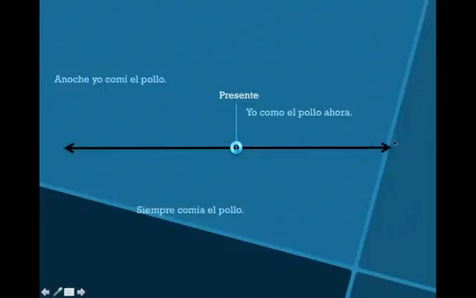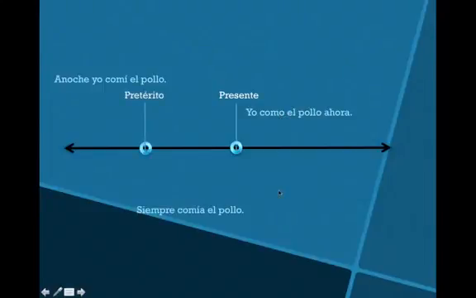Further on the line is the future, and further backwards is the past. So if we look at what we're talking about on this timeline, yo como el pollo ahora, now. So this word gives you a clue that it's happening in the present tense, and you can tell by the way the verb is conjugated that it's in the present tense.